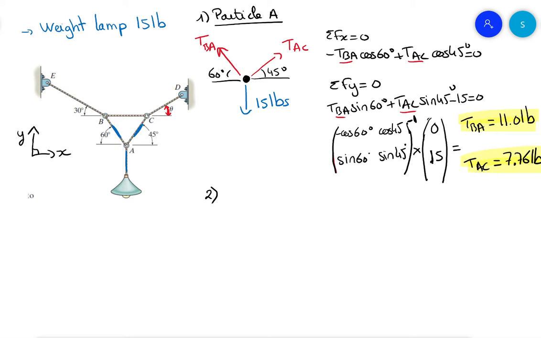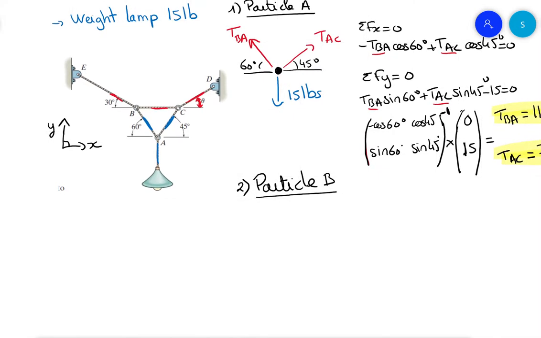And the ones that we don't know are TCD, TBC, TBE, and also theta. So the particle that we need to use is particle B because we have just two unknowns at B. At C, we have three because we don't know theta. So let's do the free body diagram for particle B.